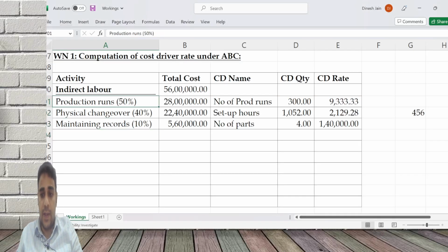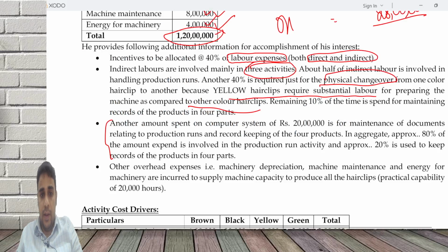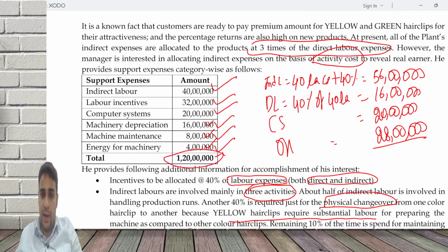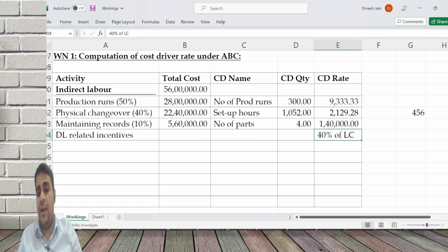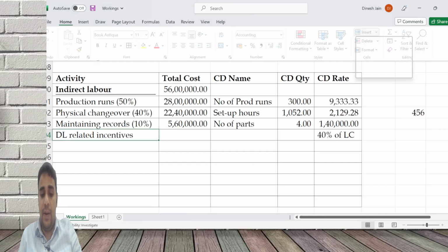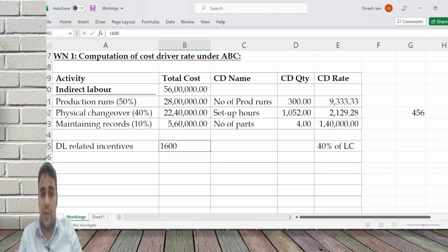I hope this is clear. So we have analyzed this part. Then direct labor related incentives. Recovery rate is 40% of labor cost, which they have already given. It was 16 lakh.